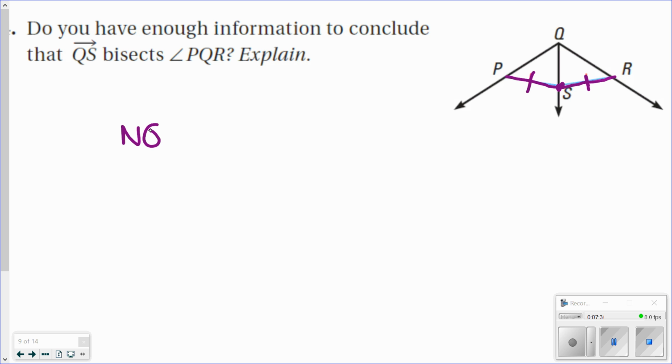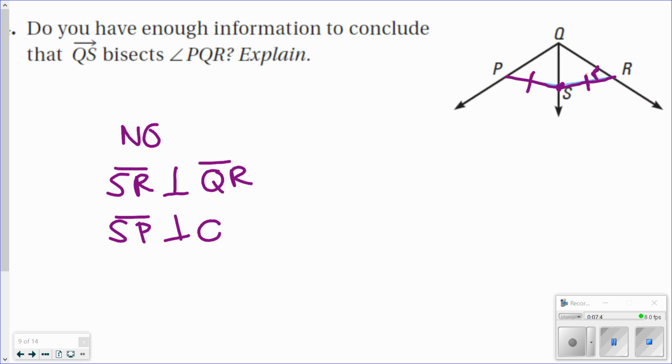We would need to know that segment SR is perpendicular to segment QR. So SR to QR, we would need a 90-degree angle here. And we would also need to know that SP was perpendicular to QP. We would need to know that this is a 90-degree angle there.